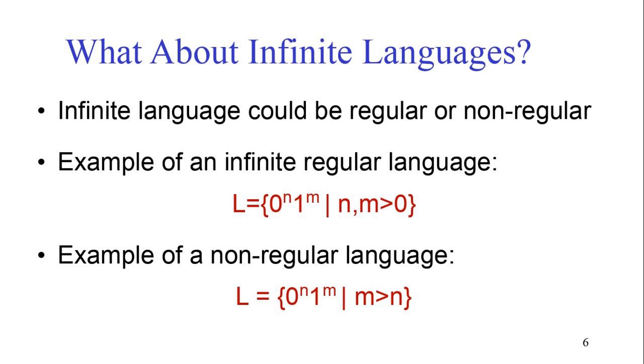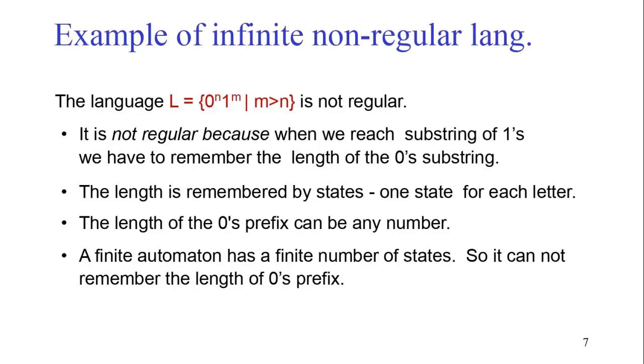Like the examples given here, L equals 0 to the n and 1 to the m, where both n and m are greater than 0. In the other example, 0 to the n and 1 to the m, where m is greater than n. In the first example, the n and m variables are not related, but in the second example, n and m are related.